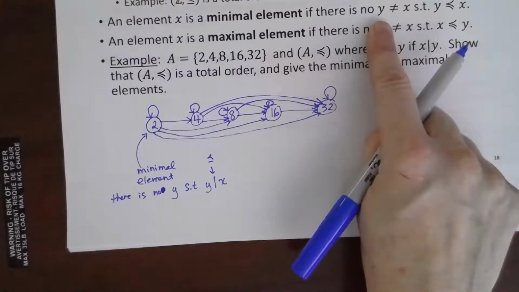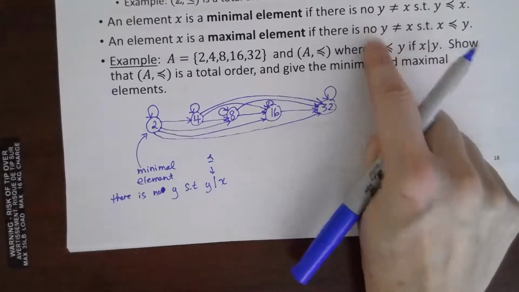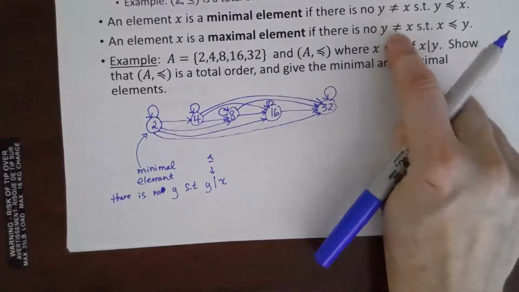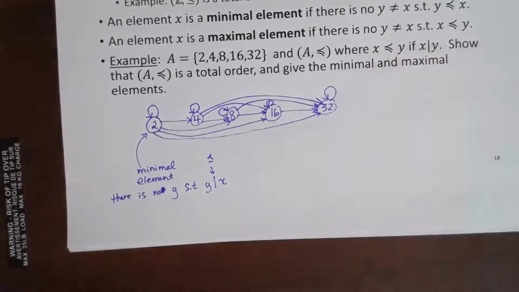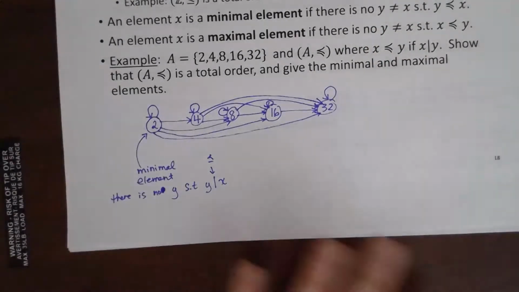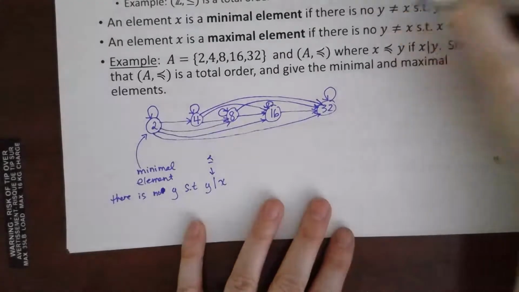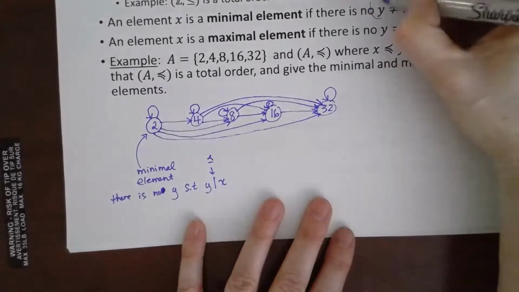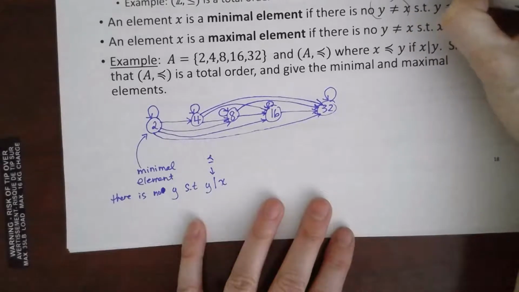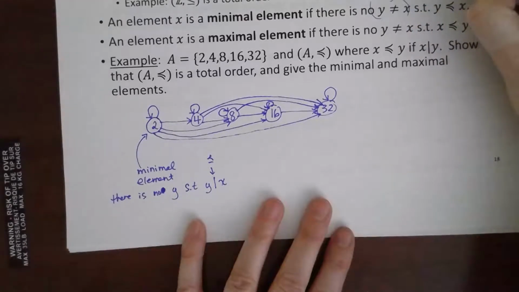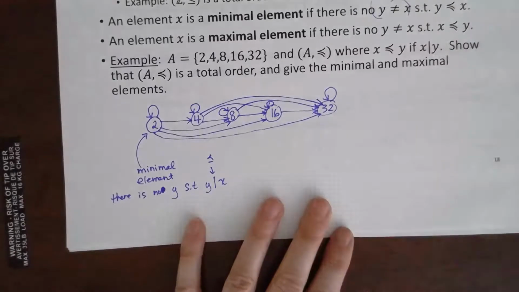Well, it's saying if there is no y not equal to x. So if there's no y other than x itself is what it means. So there's no y other than y equaling x.